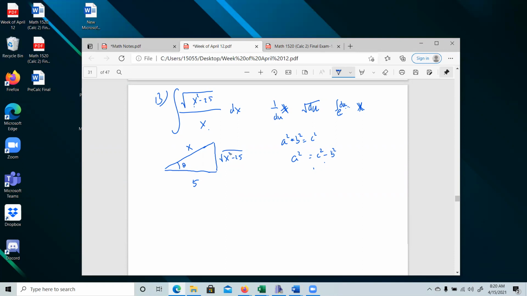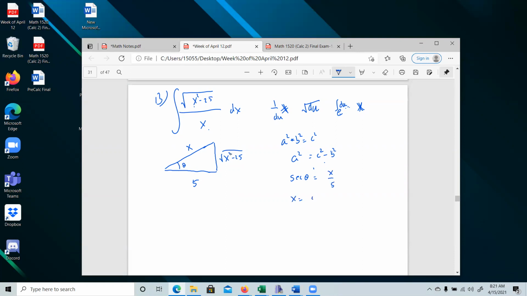So what we're going to do is say we want just an x, because every time you make a substitution in calculus, you have to find the derivative of that substitution. And I don't want to find the derivative of this function here. That looks kind of scary. So we're going to say secant, although secant looks scary too. Secant theta is equal to x over 5.